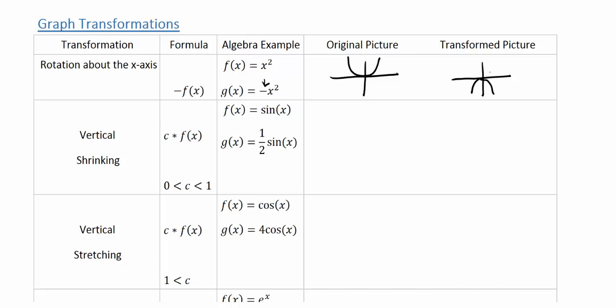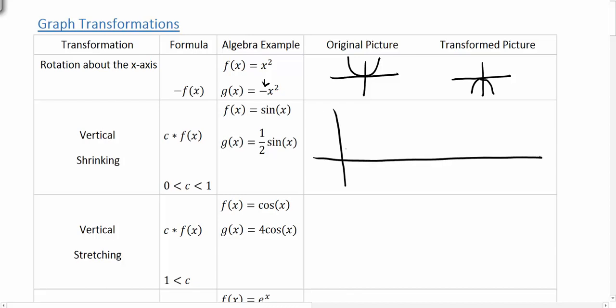So sine x has a picture that looks like this. So sine lives between 0 and 2 pi. And then it goes all the way up to +1 and all the way down to -1.